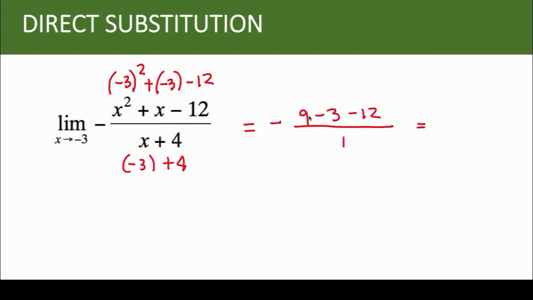And so you have 9 minus 3 is 6. 6 minus 12 is -6. And then you have this negative. So you have negative of -6 over 1, which is +6. So the limit of this rational function as x approaches -3 is +6. And we arrive at this answer by just substituting directly the number into x.